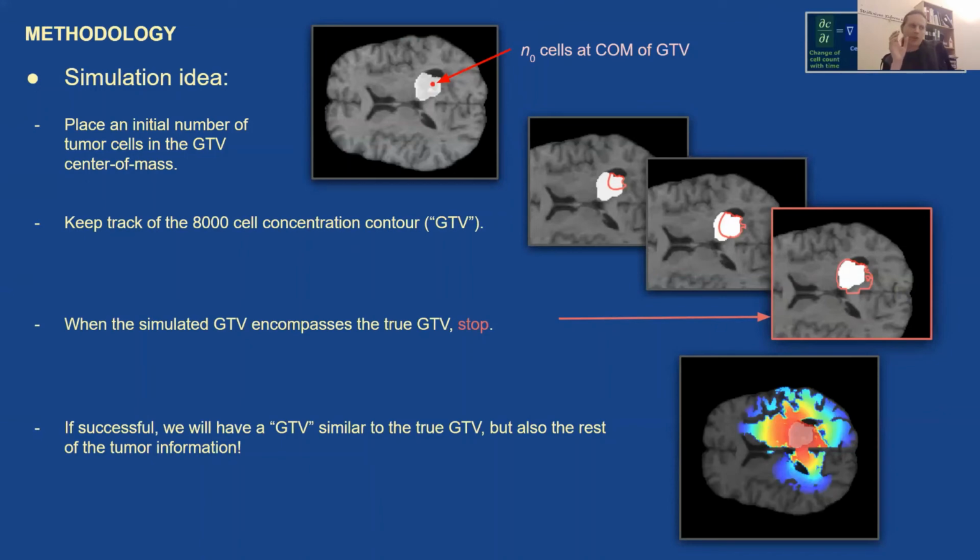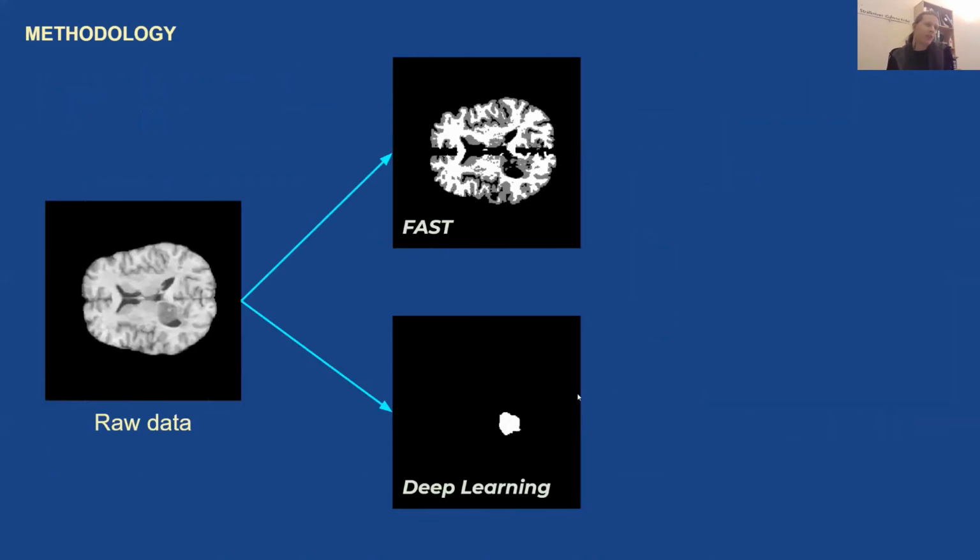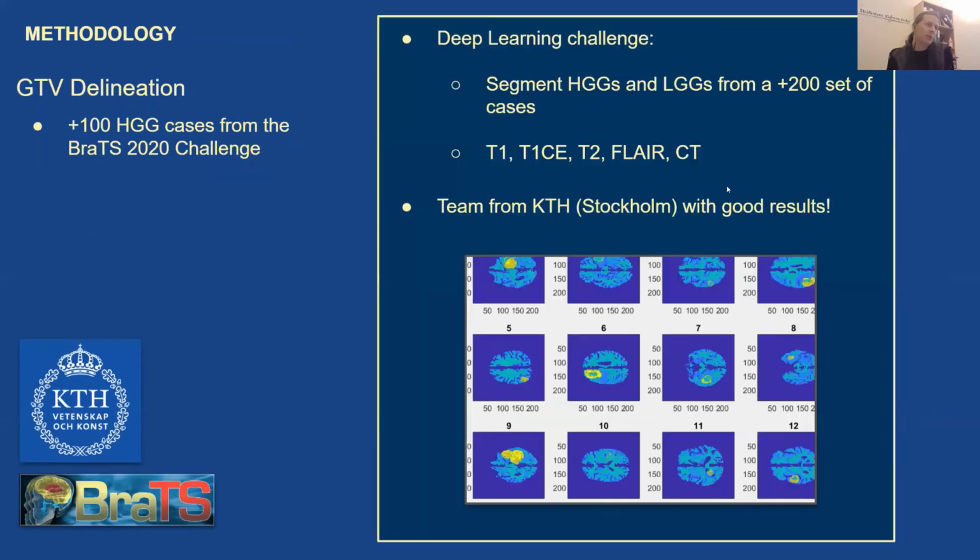To help with this, the segmentation tools in this challenge had access to, I think, all of the typical MRI modalities, as well as a CT, if I'm not mistaken. Of course, the more data you have for this kind of deep learning project, the better results you're going to get.